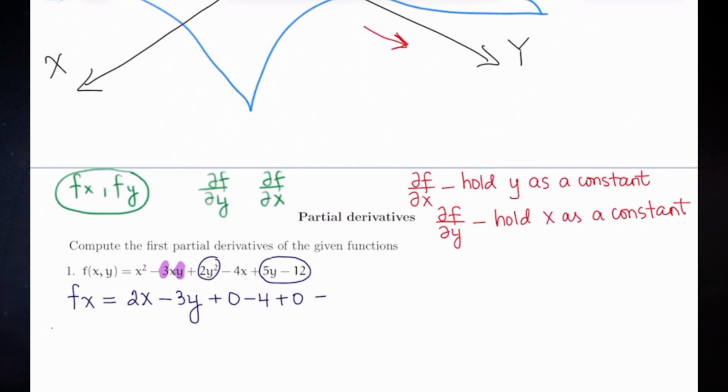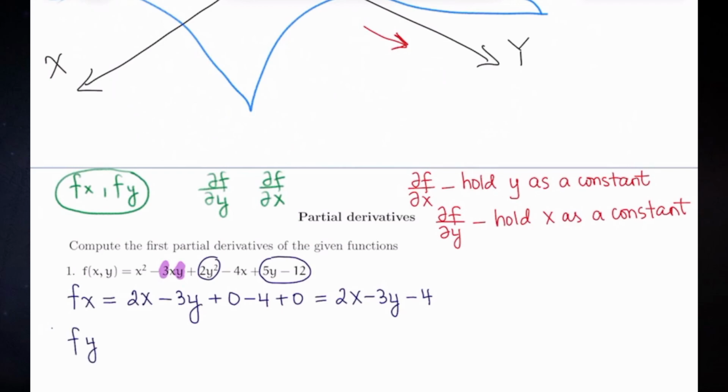So we can clean this up a little bit. So the answer is 2x minus 3y minus 4. So that is our first example, computing the partial derivative of the function with respect to x.